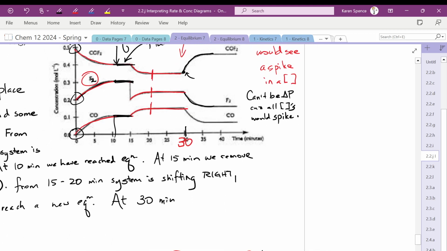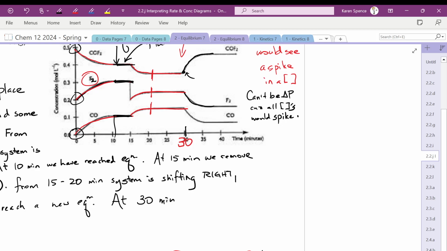Yes? Earlier I asked if there are spikes when it changes rate. So it will change the rate immediately, but it doesn't change the concentration, because just because the particles are moving faster means the rate of the reaction will be faster, but the concentrations will remain the same. So it depends on what type of diagram you're looking at.